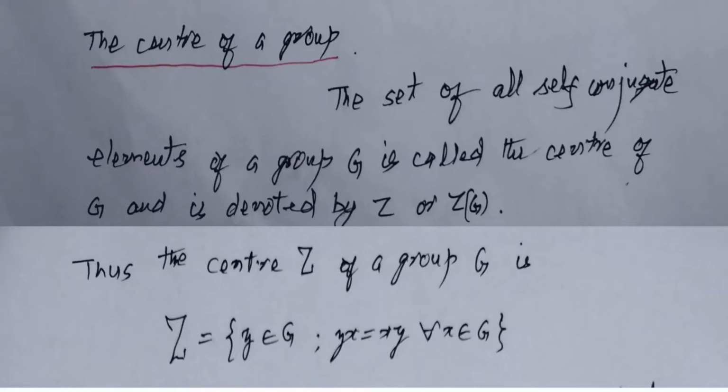Thus, the center Z of a group G is Z equals the set of z belonging to G such that zx equals xz for all x belonging to G.